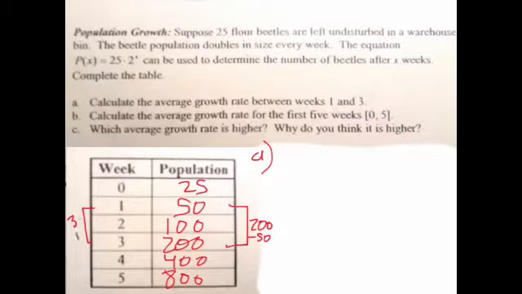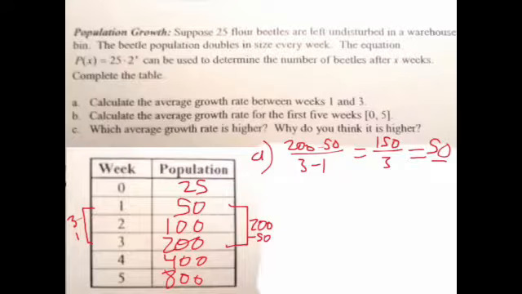So you're looking at 200 minus 50 over 3 minus 1. And that's going to give you 150 over 3, which, if you divide that by 3, you're just going to get 50, or 50 over 1. So that's my average growth rate between 1 and 3 weeks.